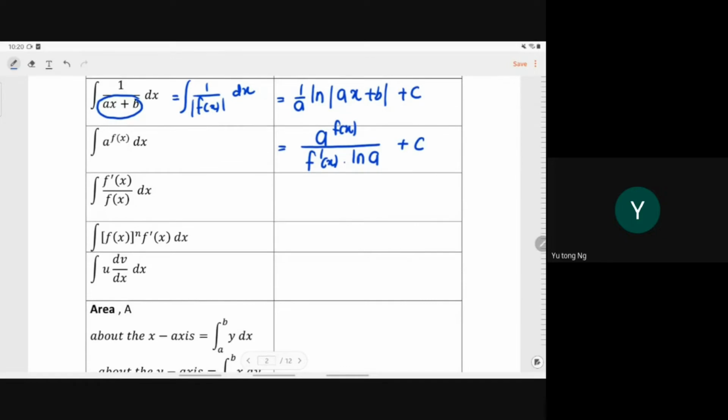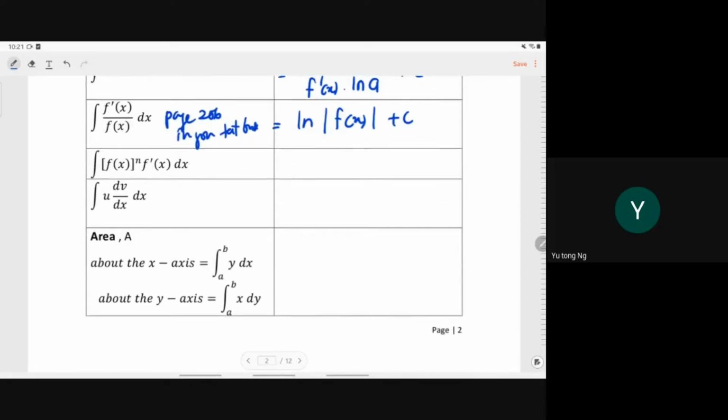And then integrating f'(x) over f(x), you can refer to your textbook, on page 206. The answer should be ln of f(x) plus c.